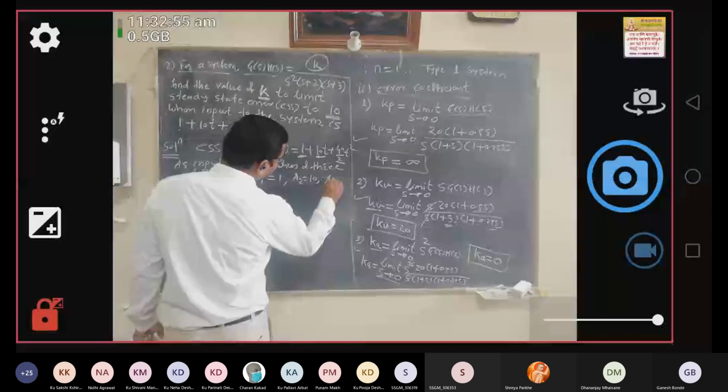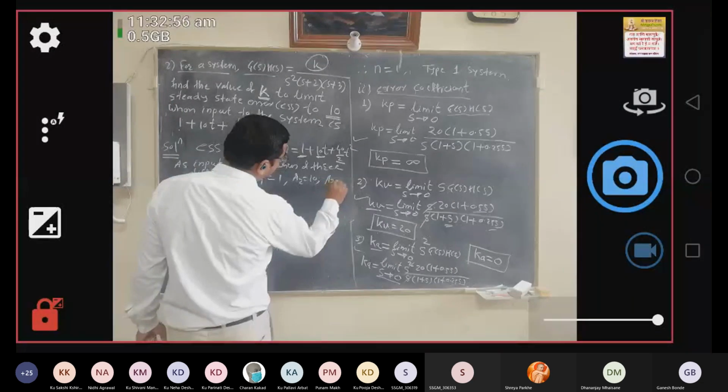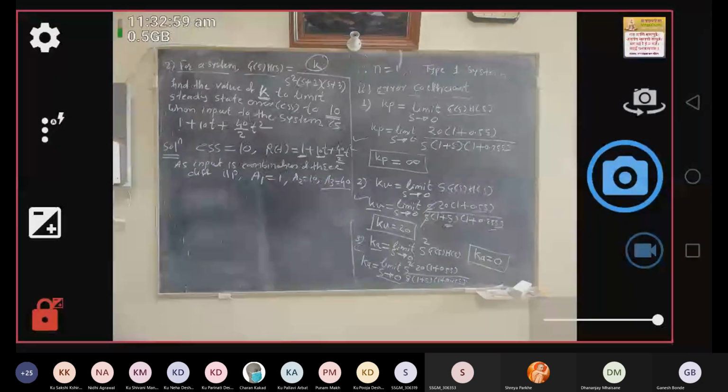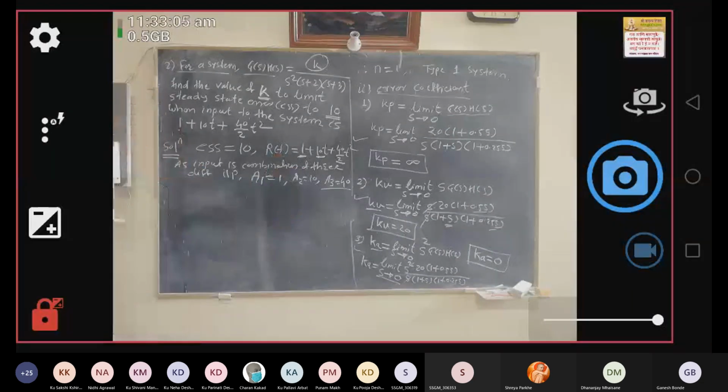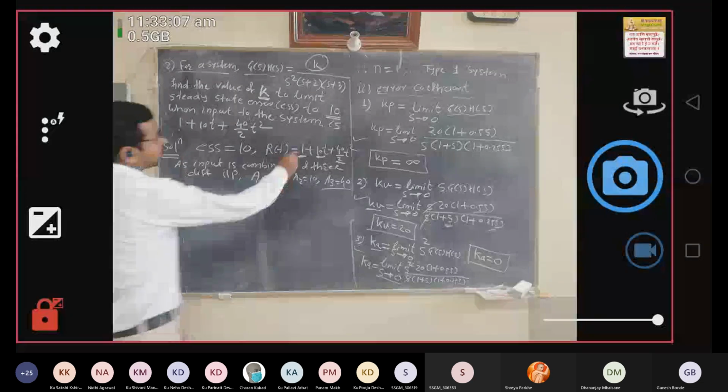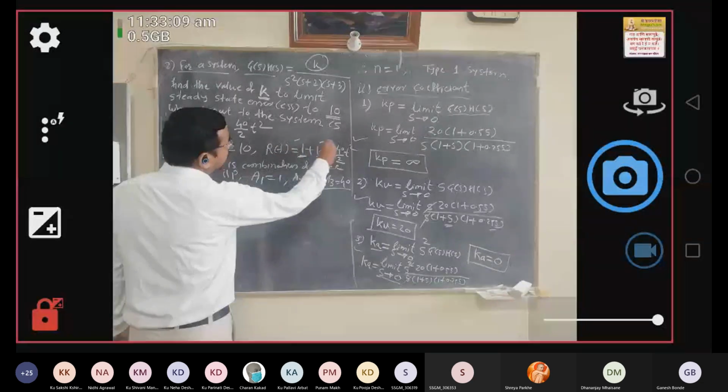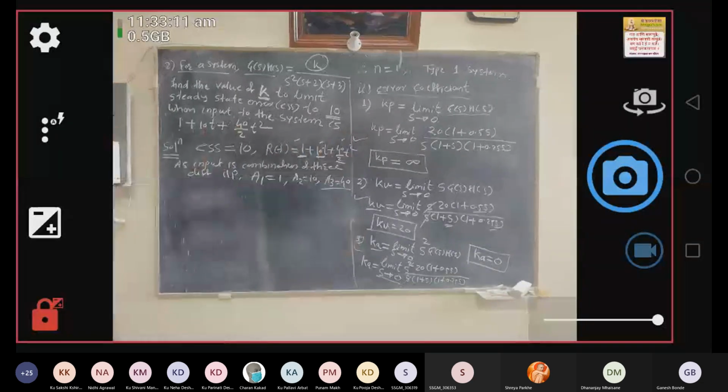Okay, what is the value of A3? It is 40. So these are the constant magnitude of the different input. First input is unit step, second one is ramp, third one is parabolic.